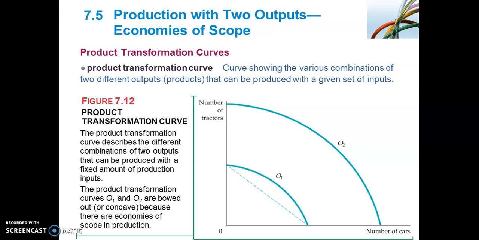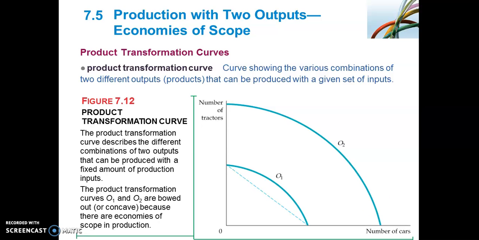There are a number of things that you need to note about the shape of these product transformation curves. If you look at the shape, you can see that it is bowed outward or concave. That tells us something that we're going to reflect upon in a moment, and that is economies of scope.